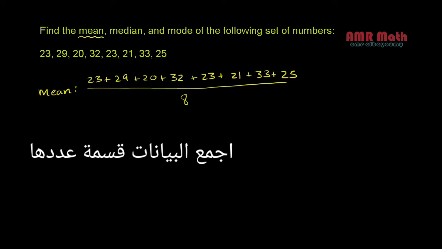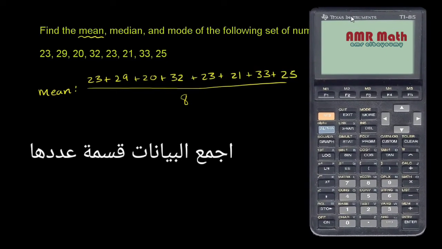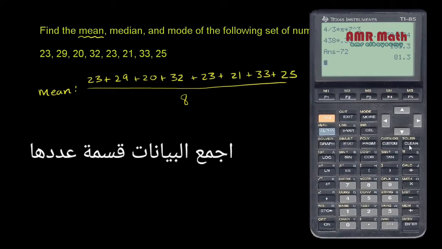Actually, I'll just get the calculator out for this part. I could do it by hand, but let's save some time over here. So we have 23 plus 29 plus 20 plus 32 plus 23 plus 21 plus 33 plus 25.